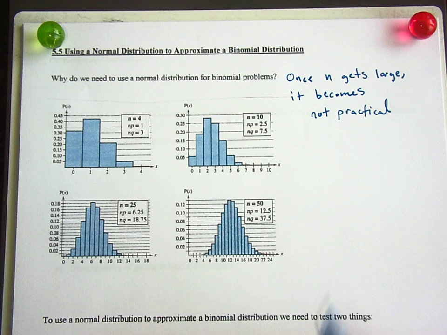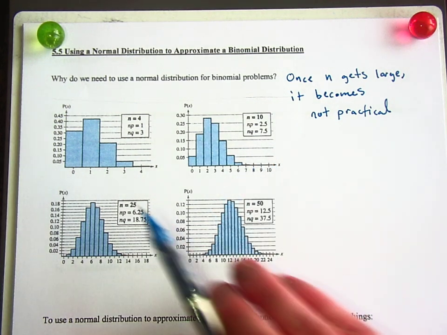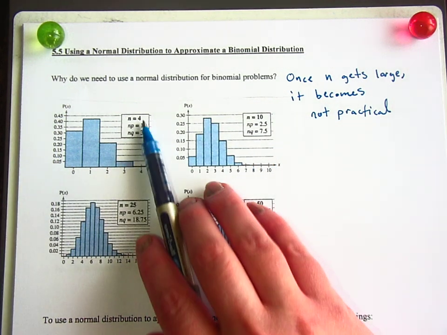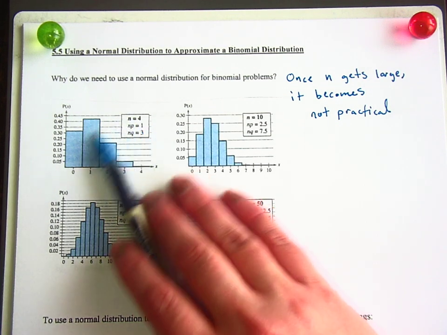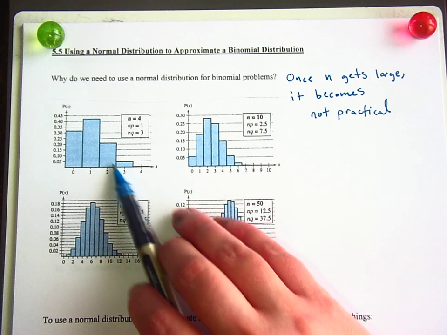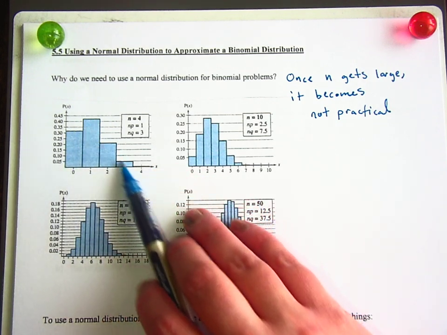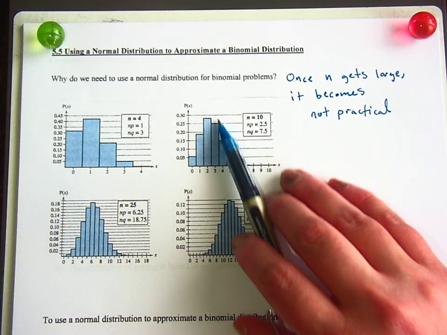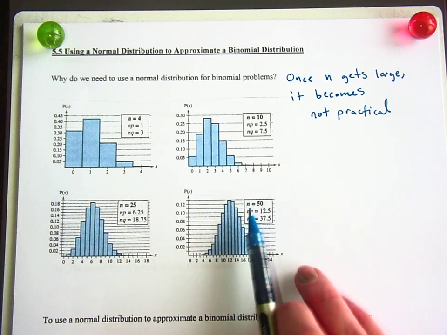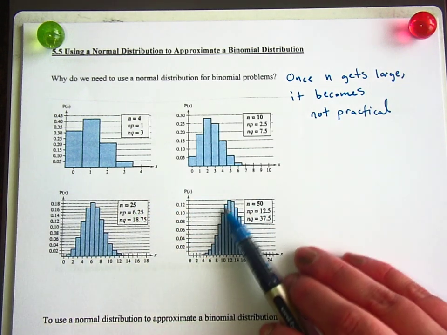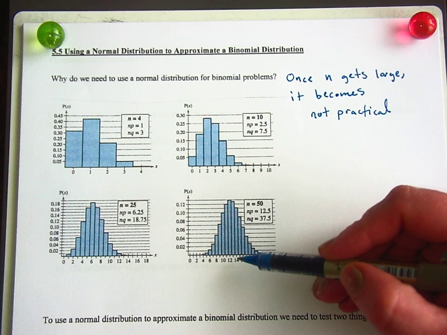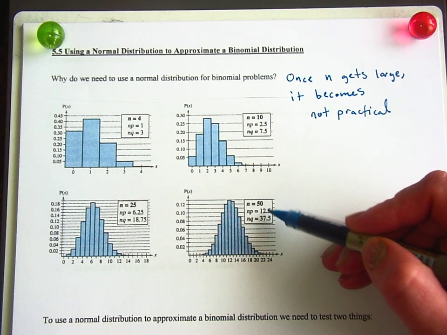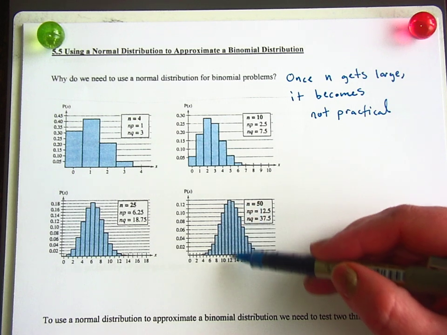So, all right. If you look at this normal distribution here, n is 4, and you can see that when n is small, it doesn't really look very normal. But then when n gets larger, and larger, and larger, it really turns into a normal distribution because you have whatever your average is right in the middle. That's what's expected.